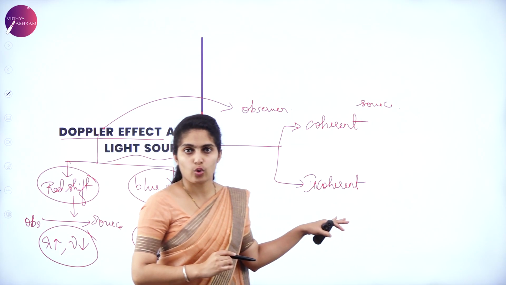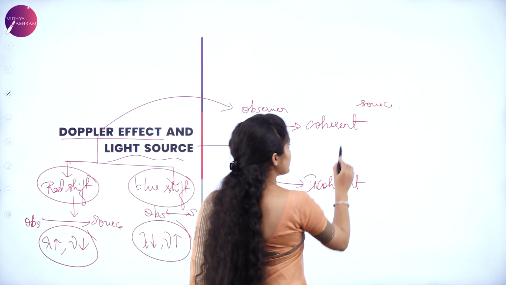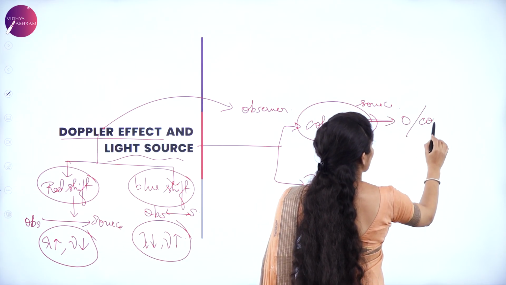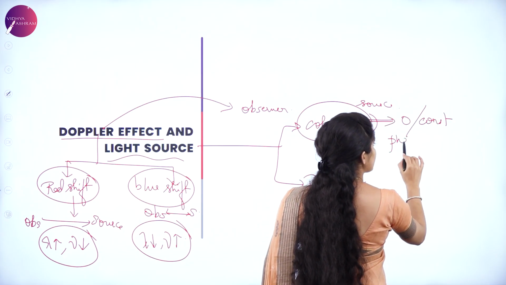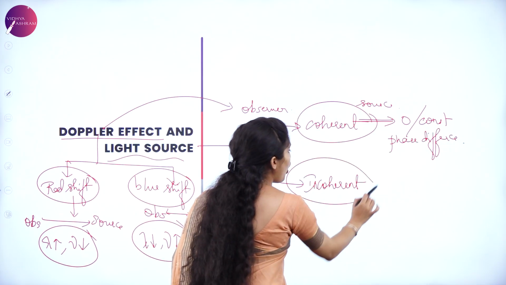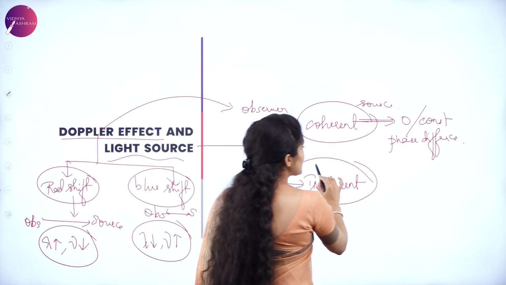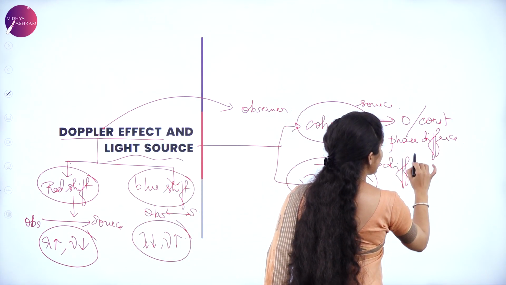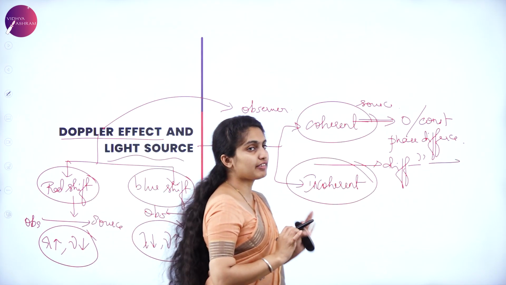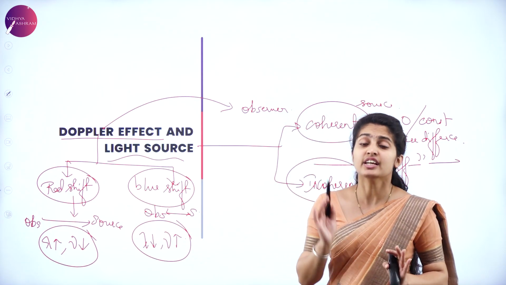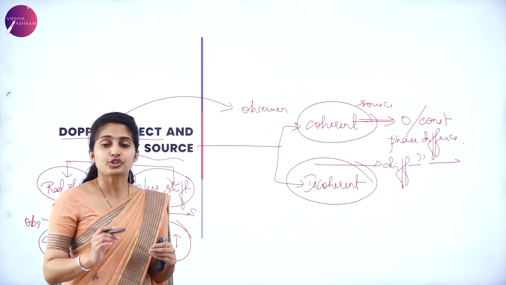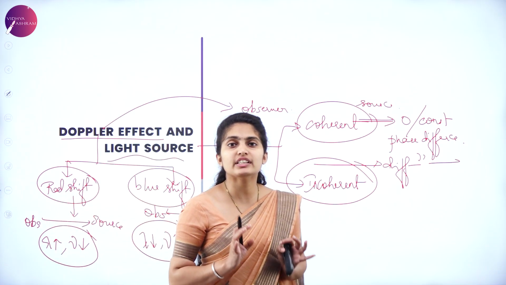Coherent sources are the ones having zero or constant phase difference, whereas incoherent sources are the sources having different or varied phase differences. So we make use of the coherent source now.